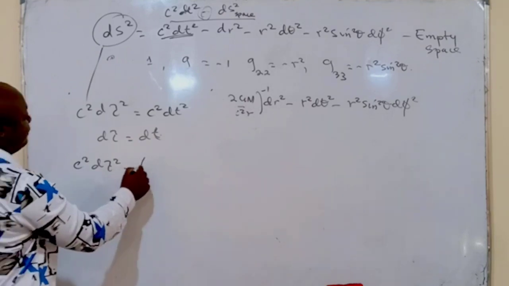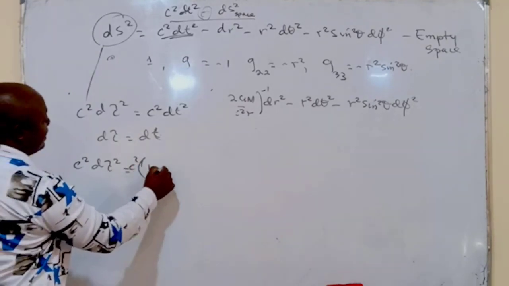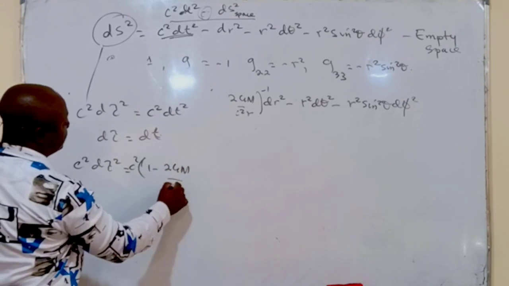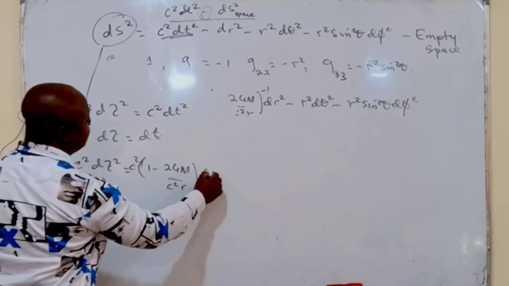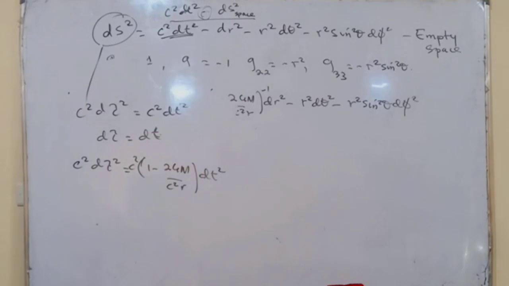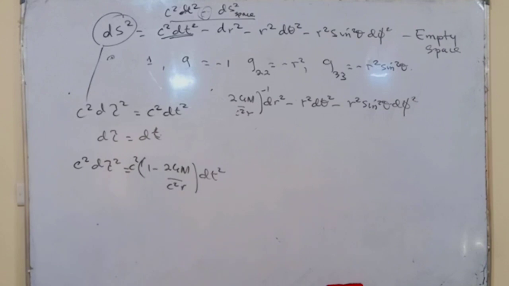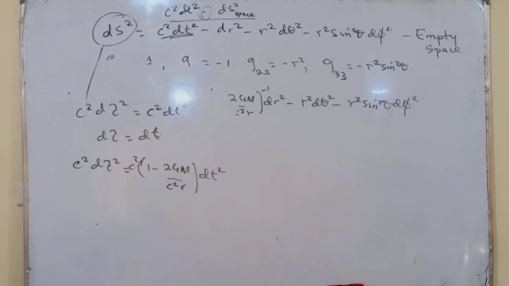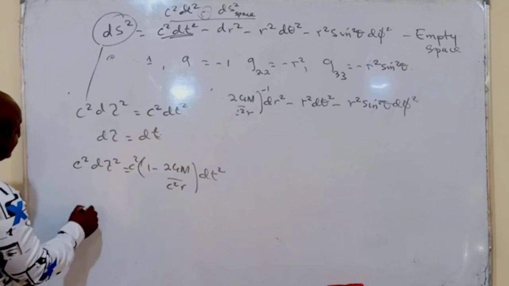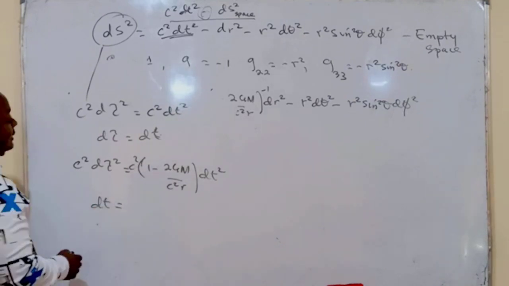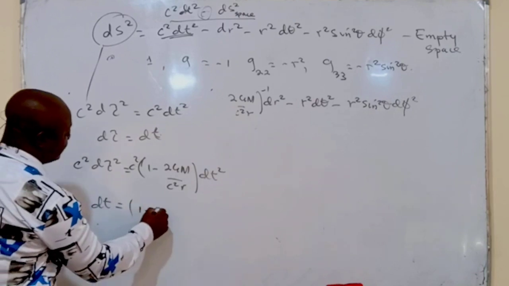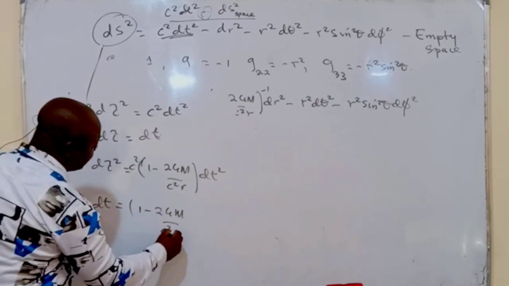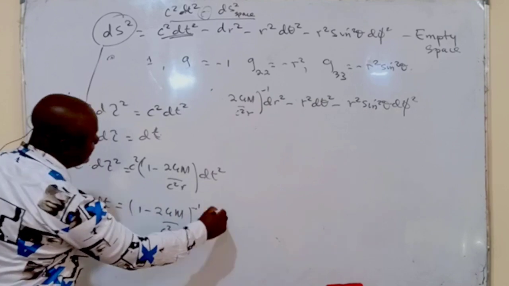So I will have c squared (1 minus 2GM over c squared r) dt squared. Only the first term is going to survive. So from there, I will claim that my dt is the same as (1 minus 2GM over c squared r) to the power minus 1 dτ.